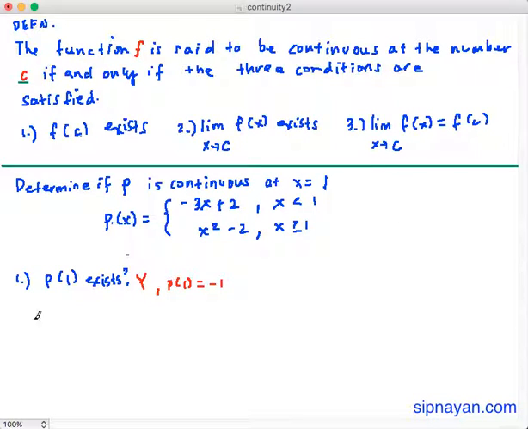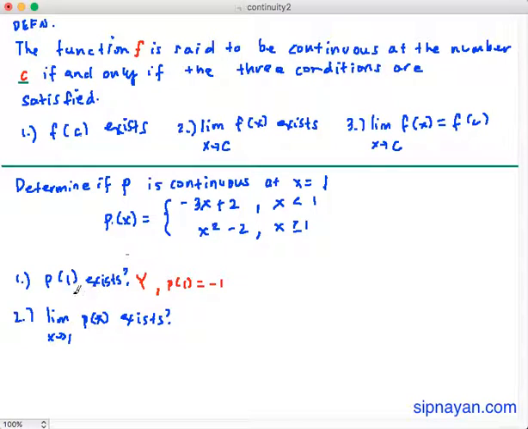And the second condition is that the limit of f of x as x approaches c exists. So does the limit of p of x as x approaches 1 exist? Paano nga ulit natin malalaman if the limit of a function exists at a particular point?